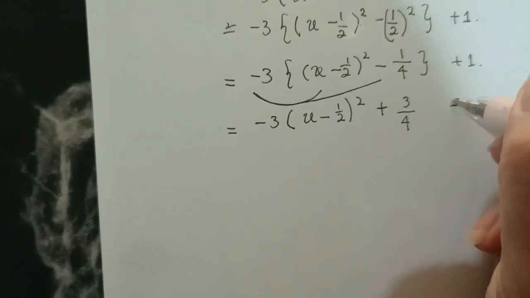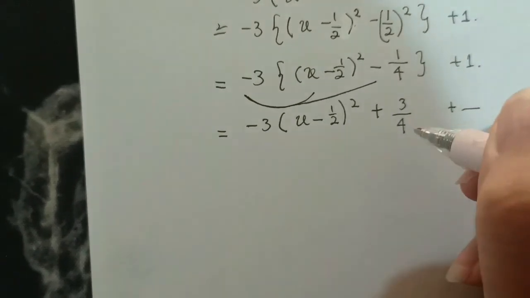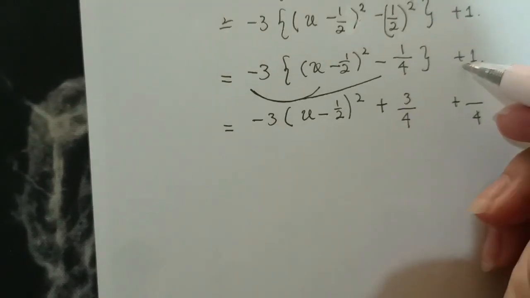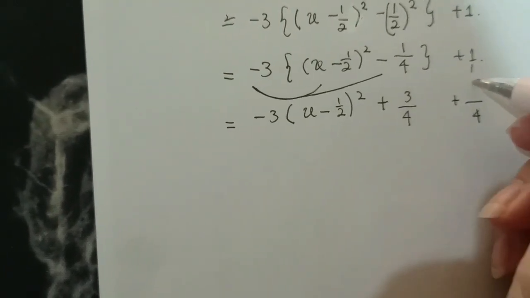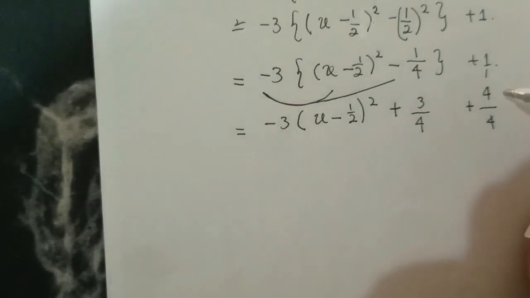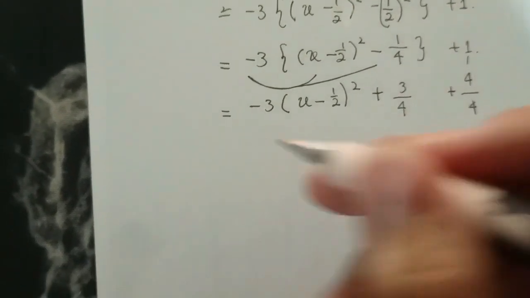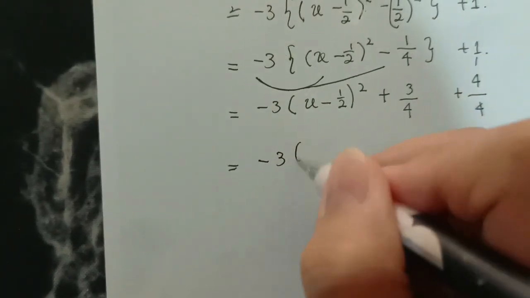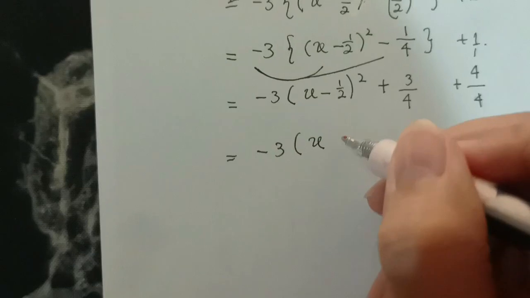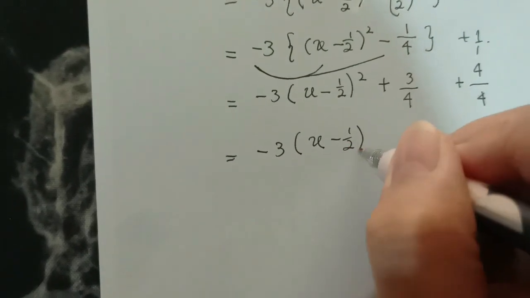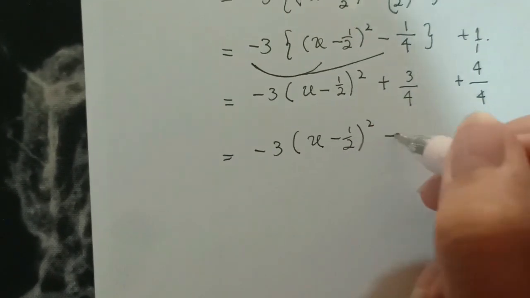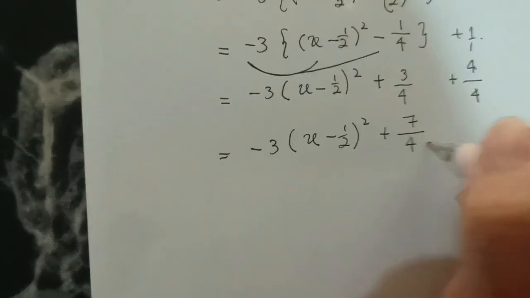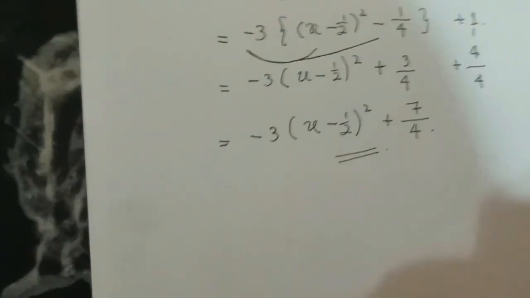Plus 1, we change it into 4 per 4. Now it will become minus 3 in the bracket, x minus half quadrat, and 3 plus 4 is 7 per 4. Like this.